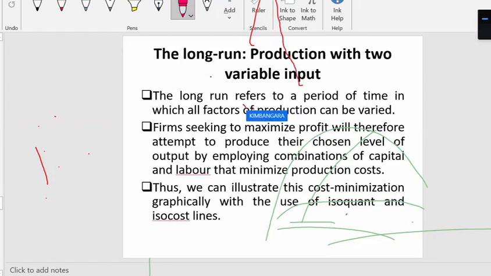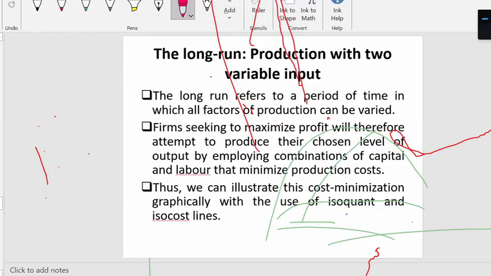That means the factors of production can change. For example, in the short run, capital and land are sometimes fixed. But in the long run, those factors of production may change.